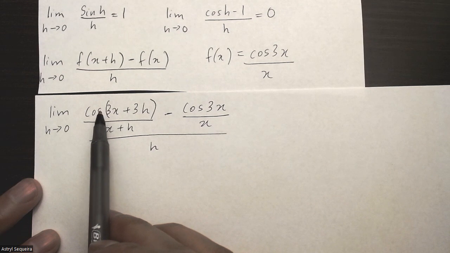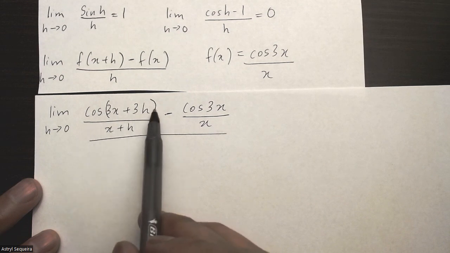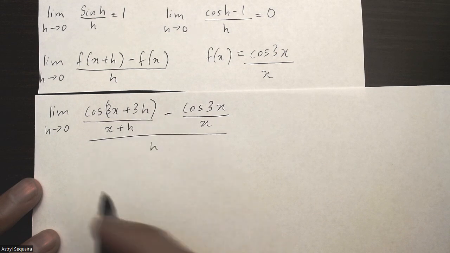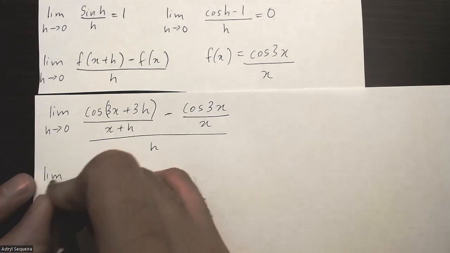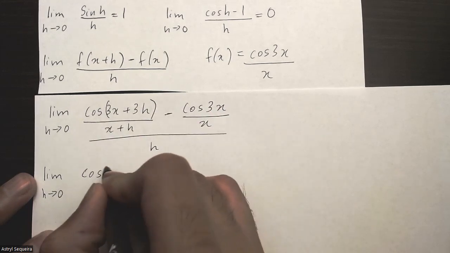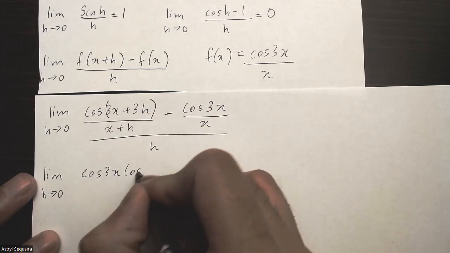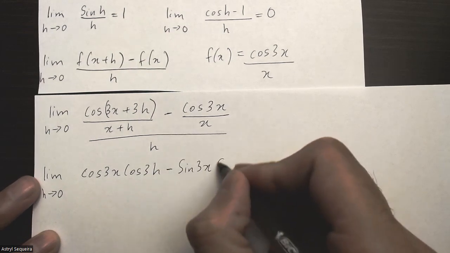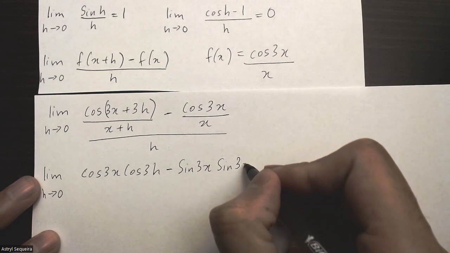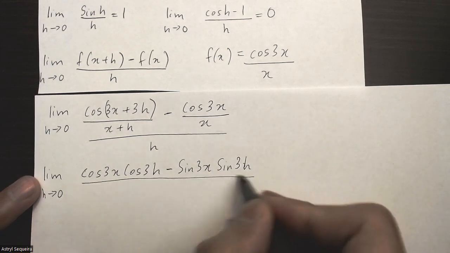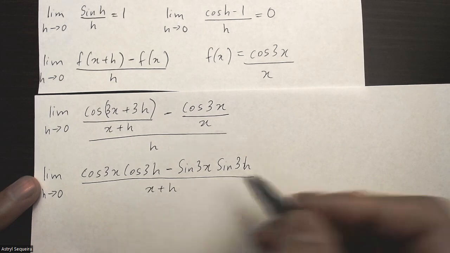In the next step, I'm going to do two different things. The first thing is I'm going to use my formula cos(A plus B) equals cos A cos B minus sin A sin B, the addition formula for cos, to split this up. So I have cos 3x cos 3h minus sine 3x sine 3h, and then this is divided by x plus h.